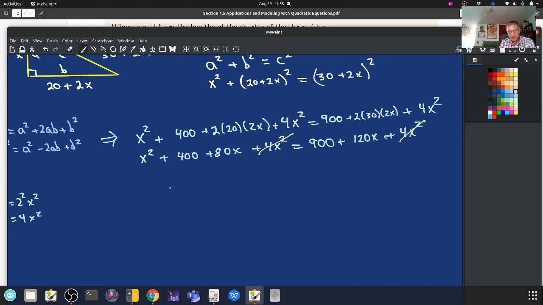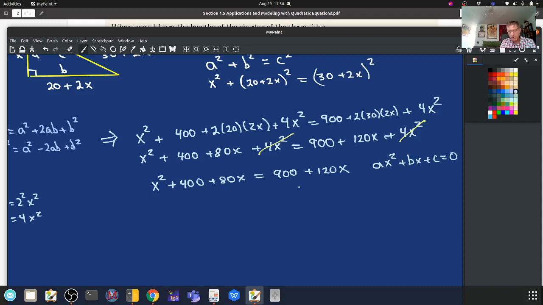So my next simplification is going to be x squared plus 400 plus 80x is equal to 900 plus 120x. You could have got the exact same thing from subtracting 4x squared from both sides. Now I want this in the form ax squared plus bx plus c is equal to 0.